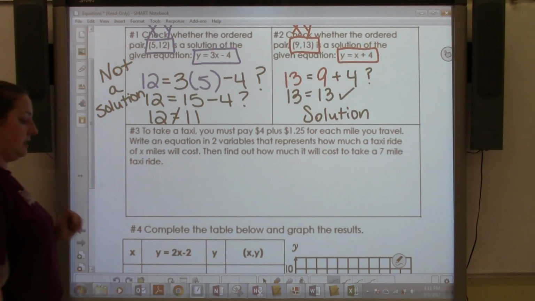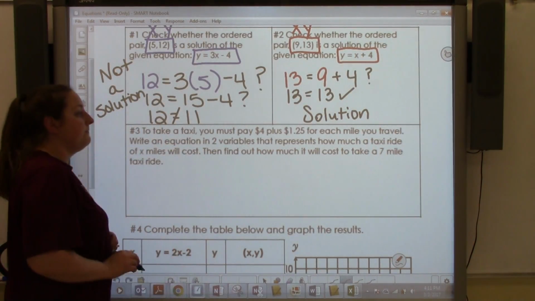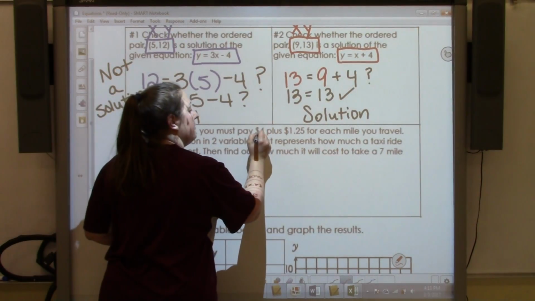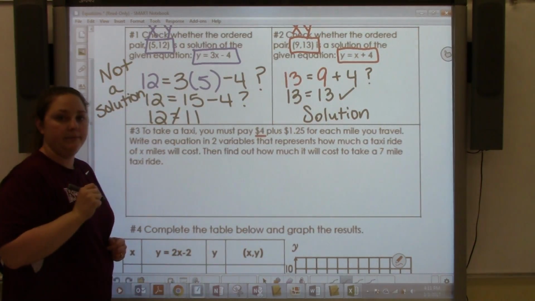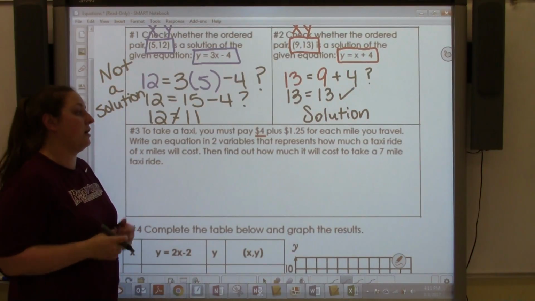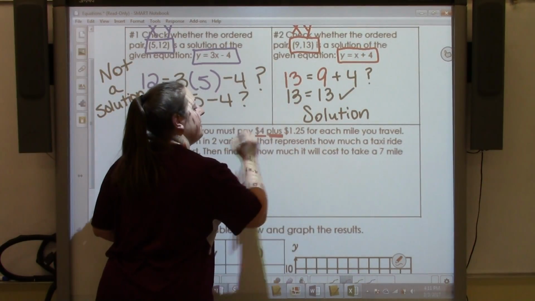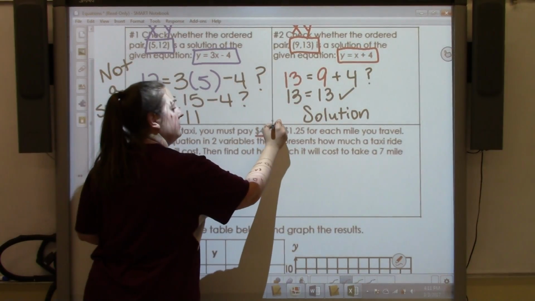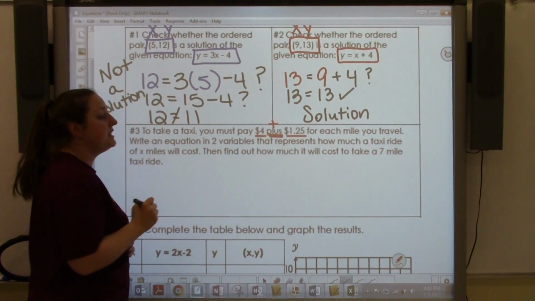So there's some important clues in this problem. First, we see that we must pay $4. Okay, no matter what, we're going to spend $4. Plus, and that's a real big key word, that's addition, $1.25 for each mile.